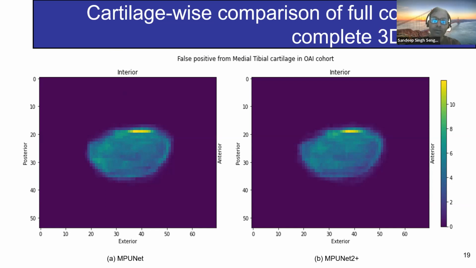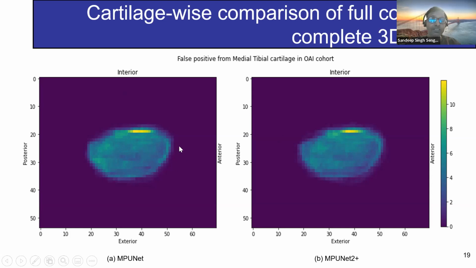And those false positive counts are mapped from the 3D plane to a two-dimensional plane. So in front of you is a two-dimensional version of the 3D plane, and this plane represents the number of false positives in each 3D scan.